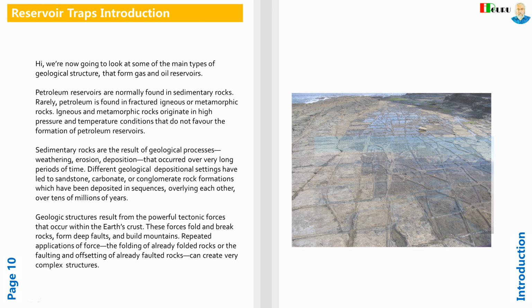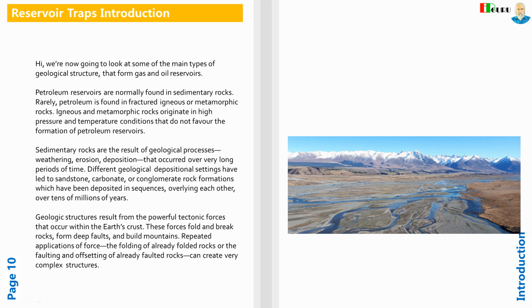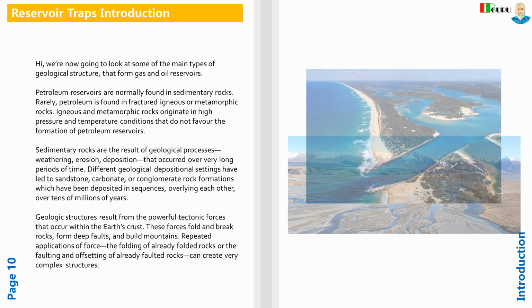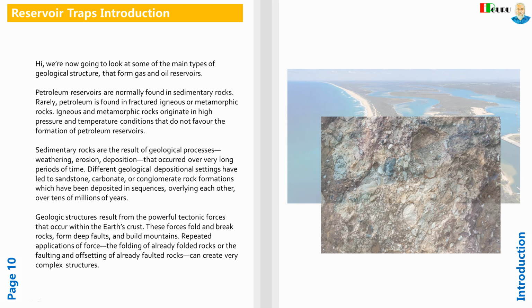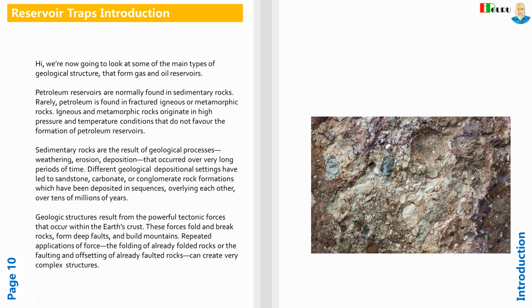Sedimentary rocks are the result of geological processes, weathering, erosion, deposition, that occurred over very long periods of time. Different geological depositional settings have led to sandstone, carbonate, or conglomerate rock formations which have been deposited in sequences overlying each other over tens of millions of years.